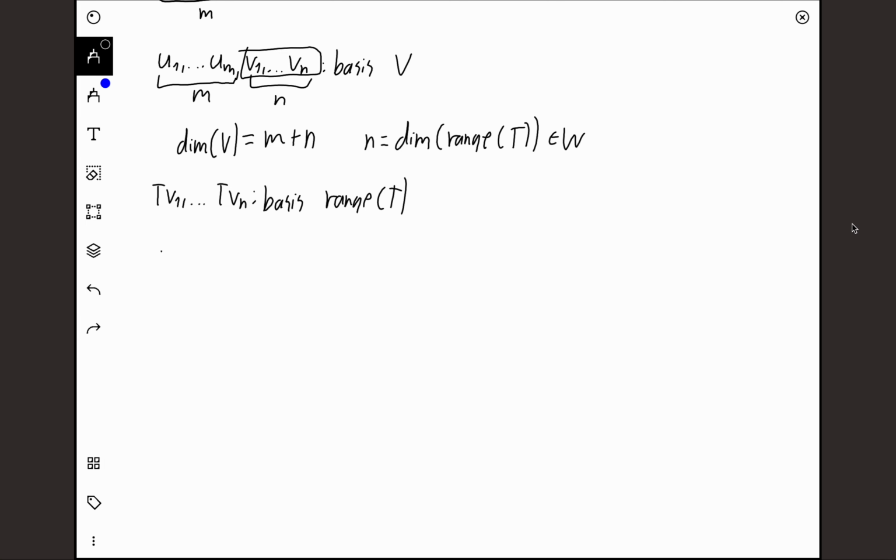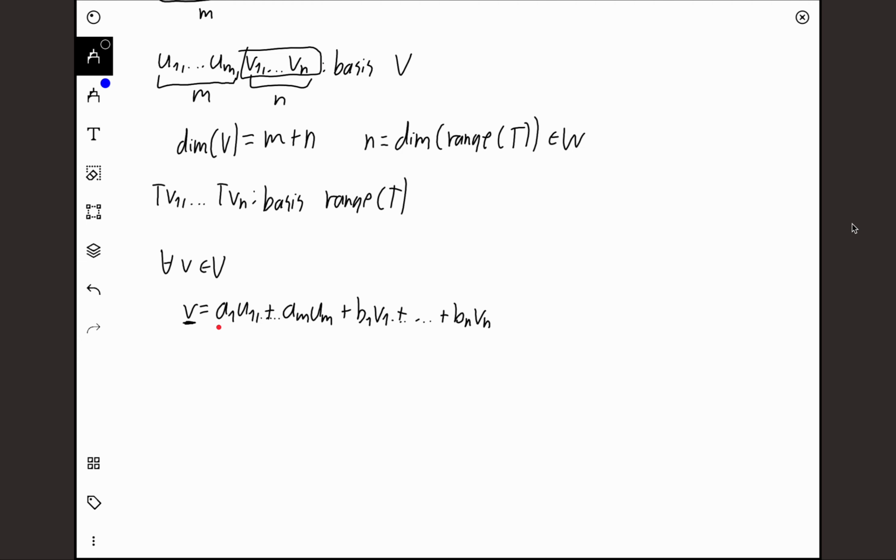So let's imagine for every vector v from V, we can write that v equals a1 u1 plus dots plus am um, then plus, let's use some other coefficients, b1 v1 plus dots plus bn vn, because we know that all the vectors u1 to um, v1 to vn span the space V. So any vector in V can be written as a linear combination of these basis vectors.